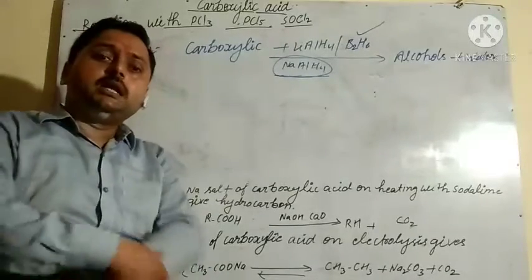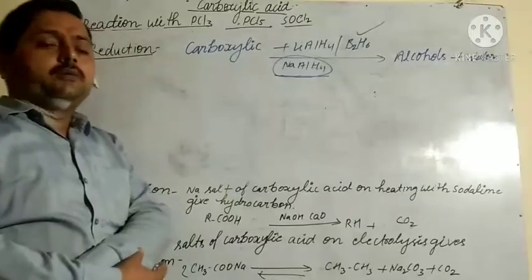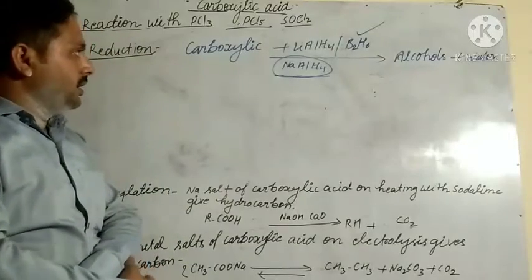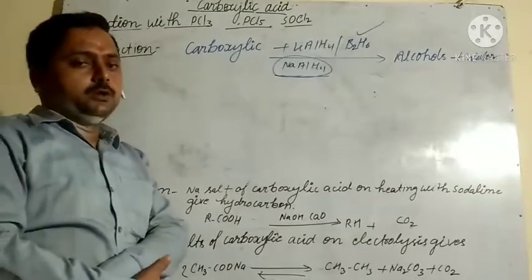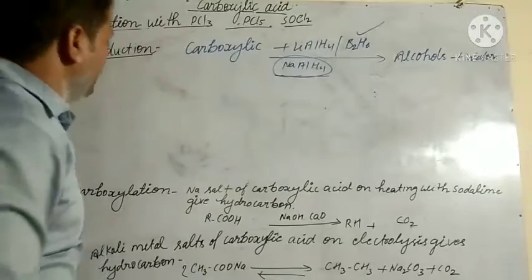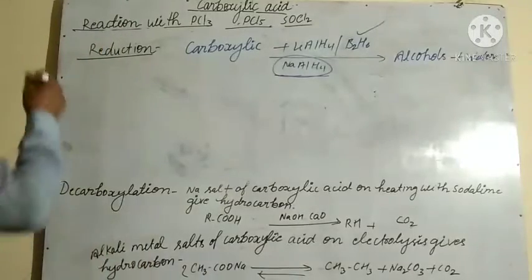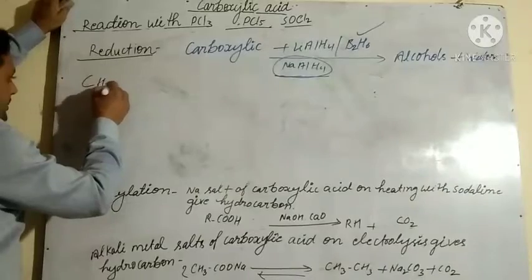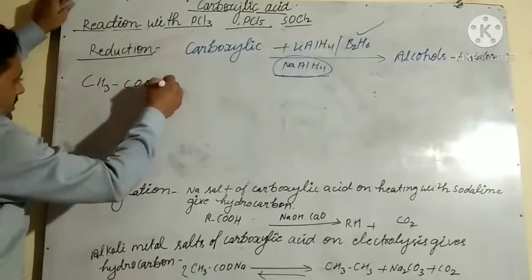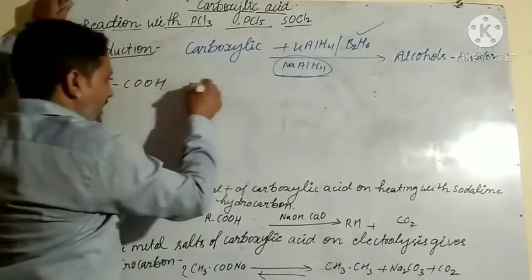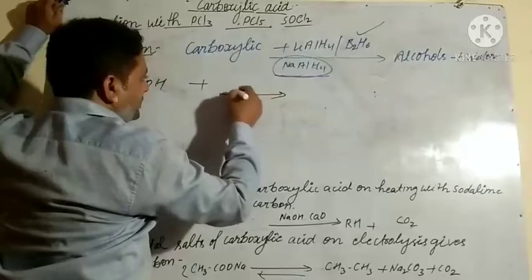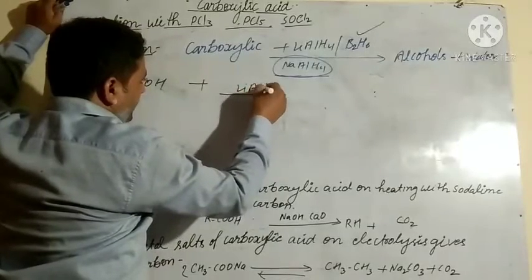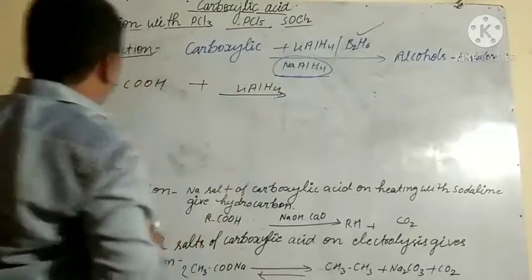So we will use lithium aluminum hydride. As I told, we can take a carboxylic acid. I am taking CH3COOH, and as reducing agent we can use lithium aluminum hydride.